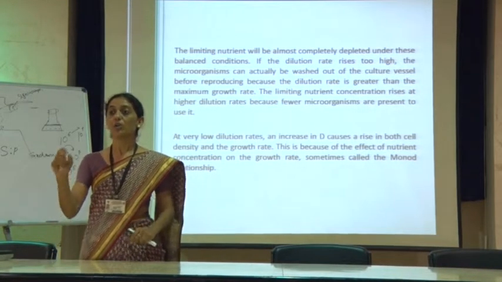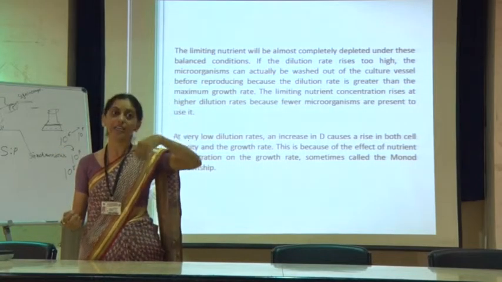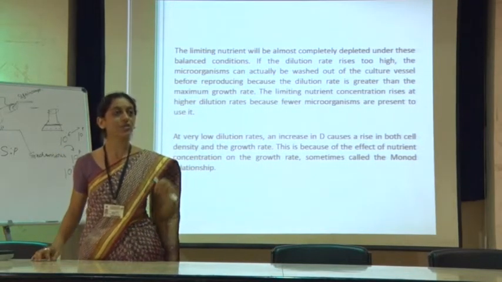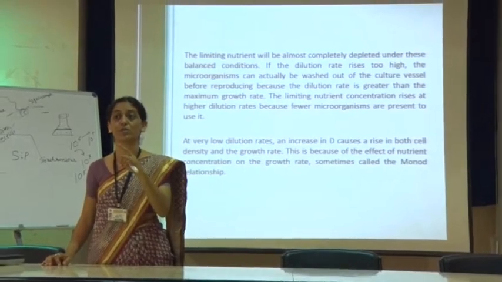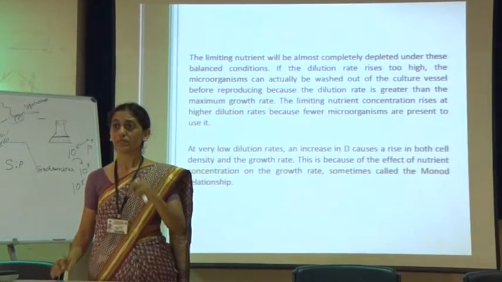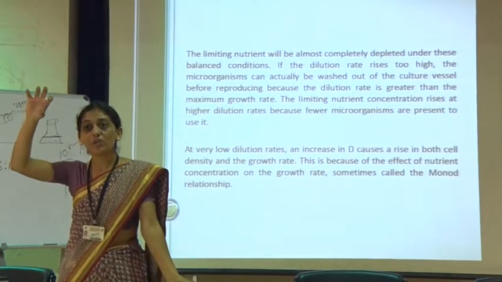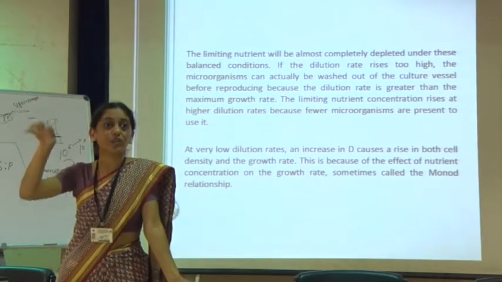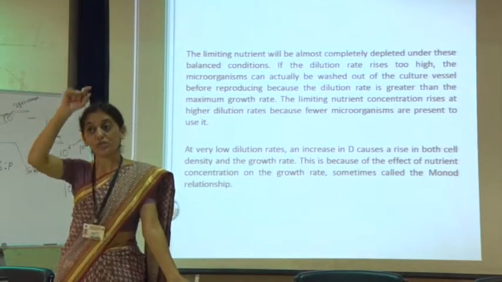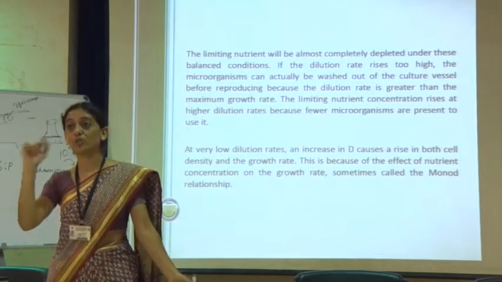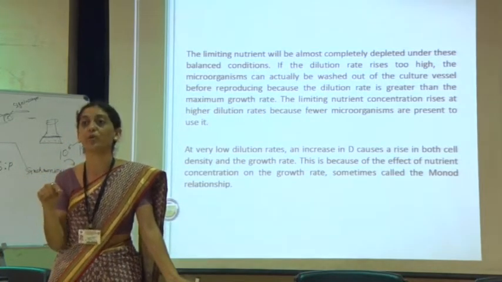diluted. Okay, so sometimes while you are continuously adding your substrates into the chemostat, while you are adding your substrate into your continuous vessel, right, your substrate addition is also interfering by diluting the product.